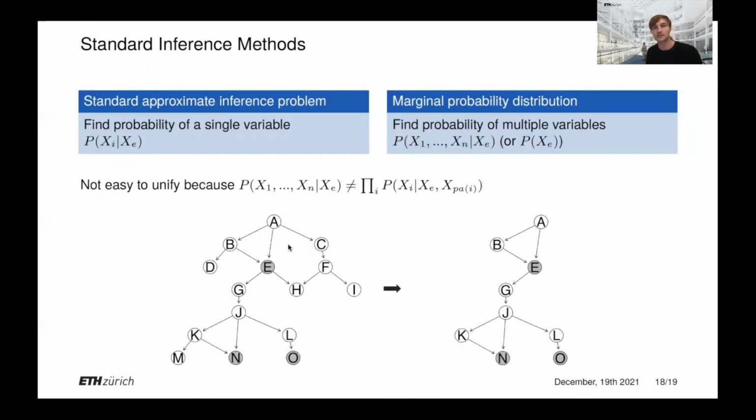Since we discussed missing data now, I just want to point out at the end of this presentation that currently in Bayesian networks, missing data is often handled via imputation, right? So we impute the values of the unobserved variables given the observed variables, and then treat the data as if it were fully observed.